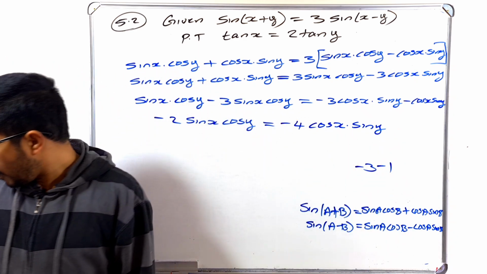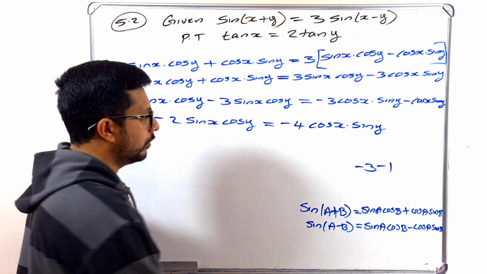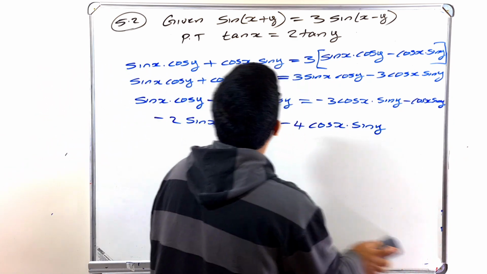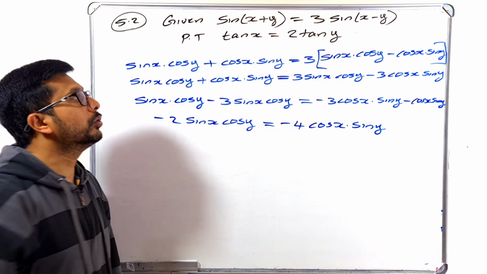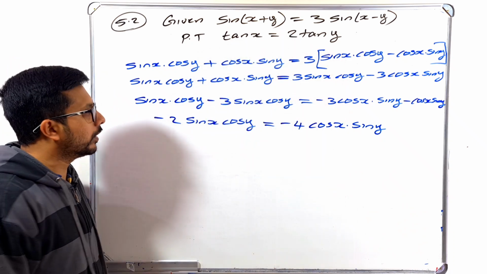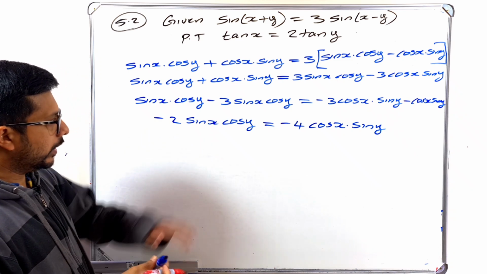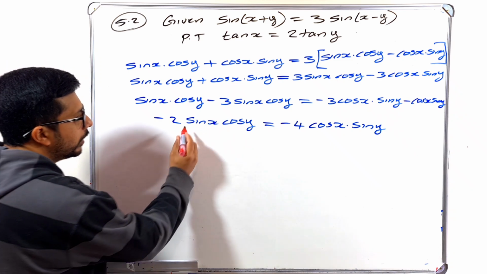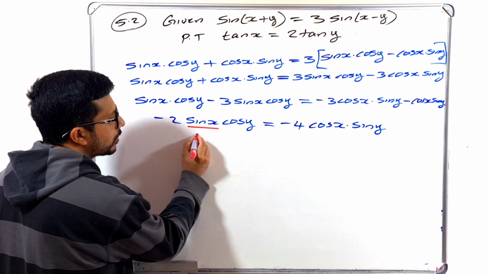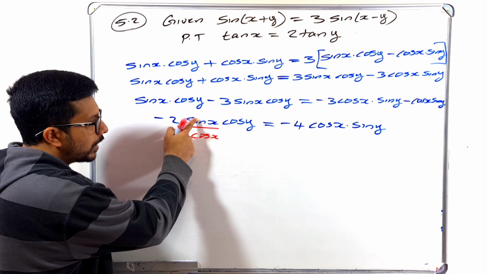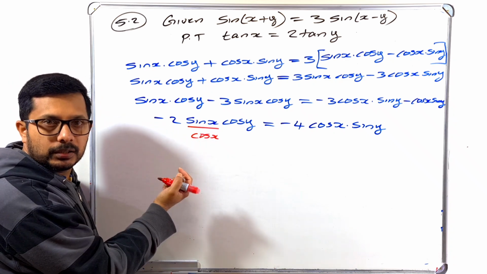Okay, now look at what we want to prove. We want to prove that tan x is equal to 2 tan y. If I want to get the left side tan x, if there is a cos x here, sin x by cos x, I will get a tan x.